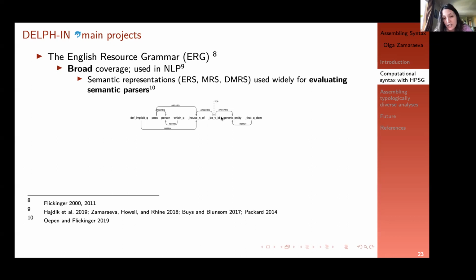And as a target semantic representation, this is in fact quite popular today. I am giving you a couple of citations here if you're curious, which I think this particular one, Oepen and Flickinger 2019, summarizes a few statistics about how these semantic representations are used in SemEval.